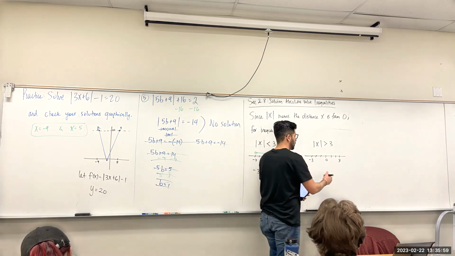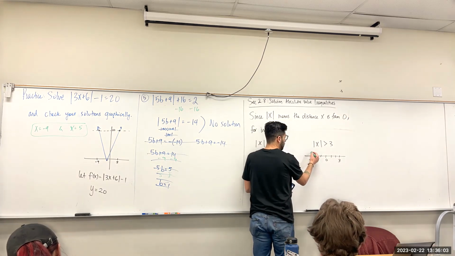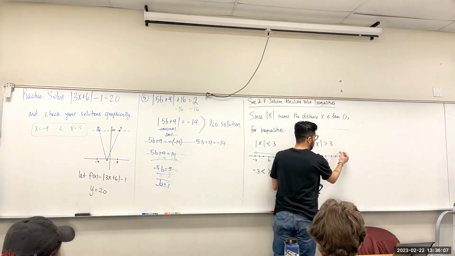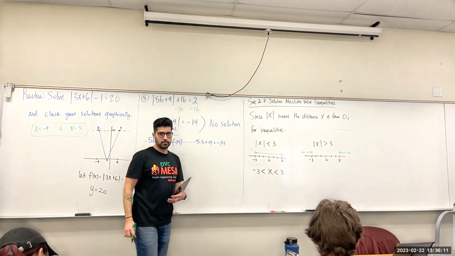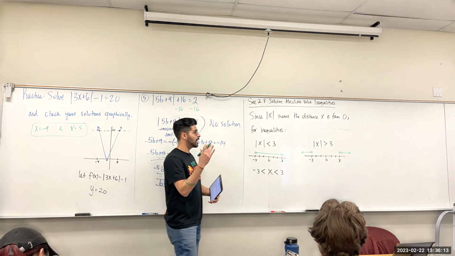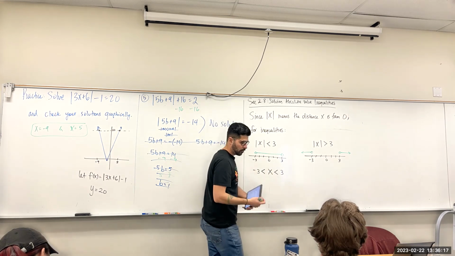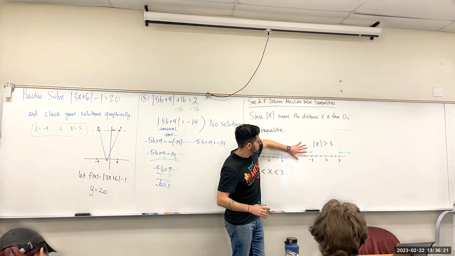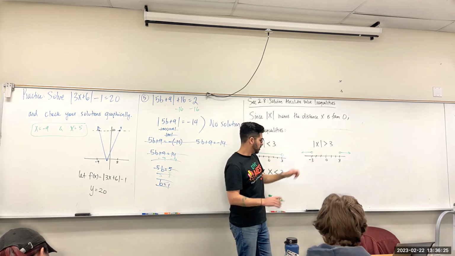So that's going to be anything less than negative 3, but not including negative 3, or anything greater than 3, but not including 3. Those are all numbers that are more than 3 units away from 0. So how can I express these numbers with an inequality?